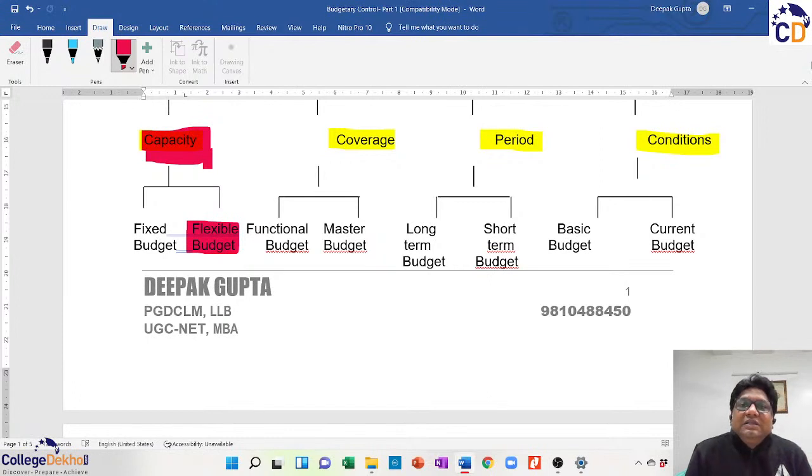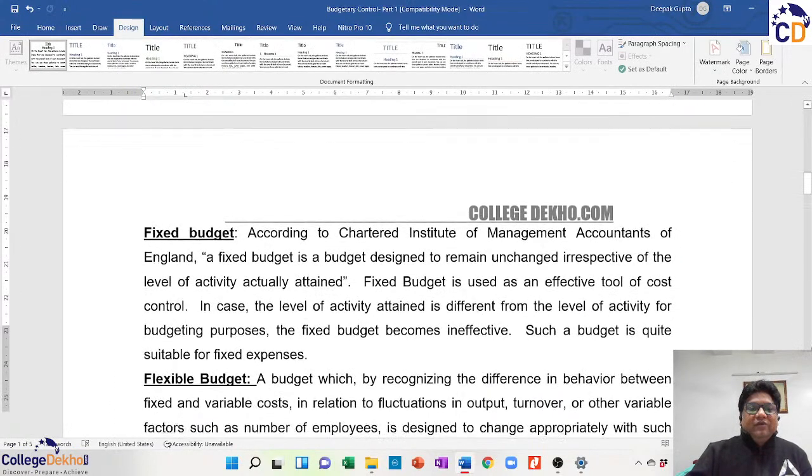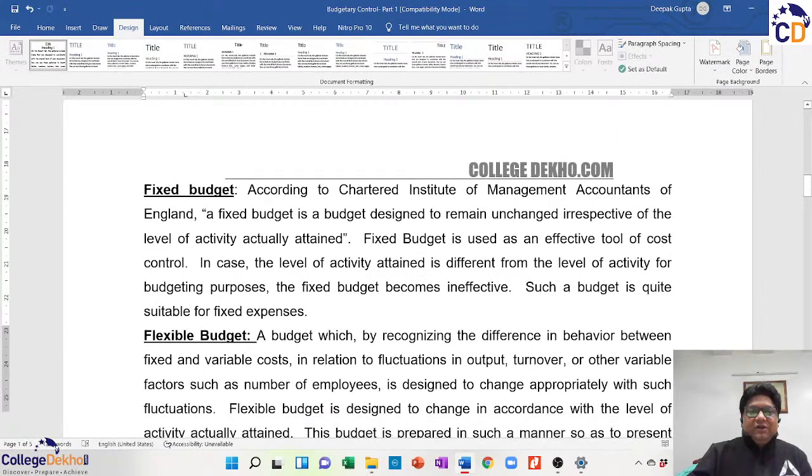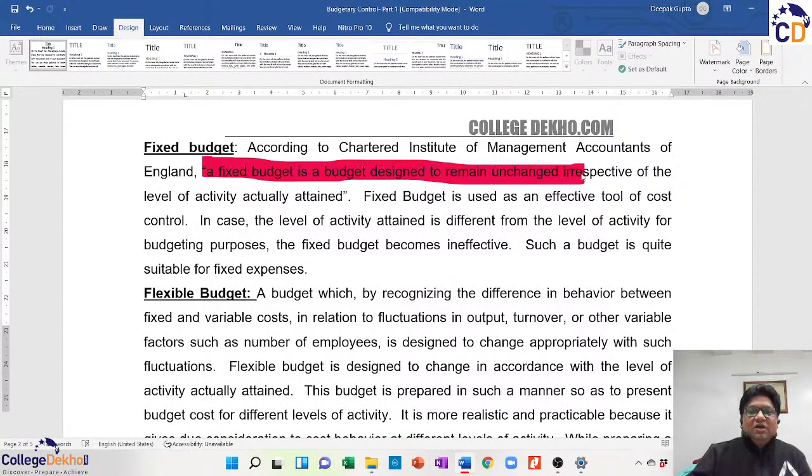And if there is a variance in the output, then that budget becomes useless because you have not classified it as per the data which can be varied. So what is written here? A fixed budget is a budget designed to remain unchanged irrespective of the level of activity attained.